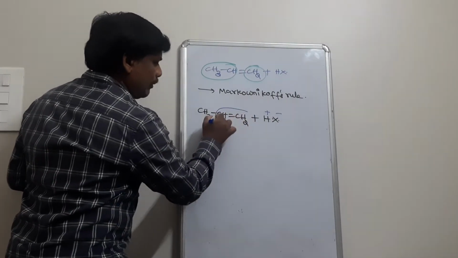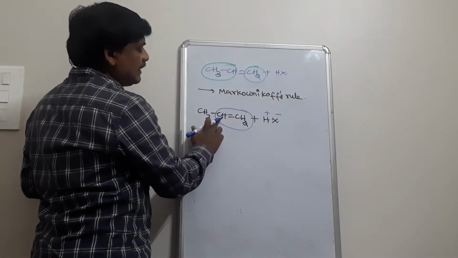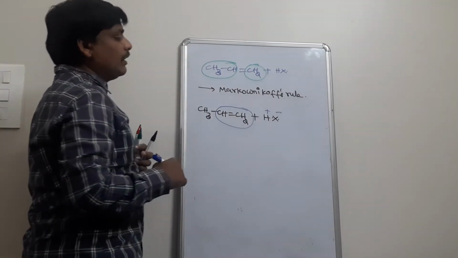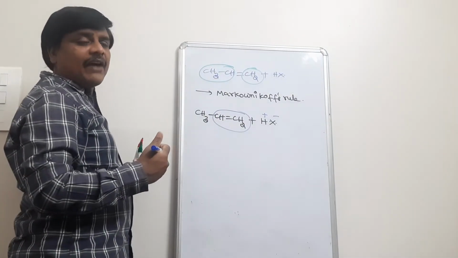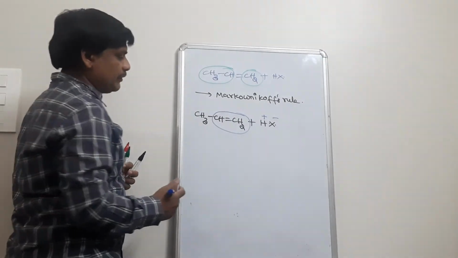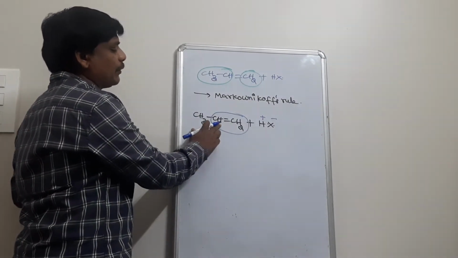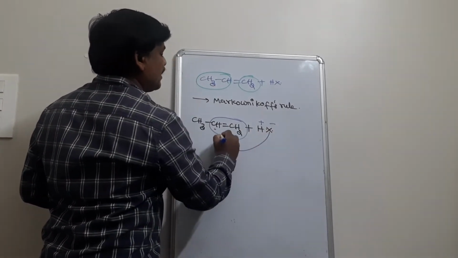At the double bond position, it can add to either this carbon atom or this carbon atom. But according to Markovnikov's rule, the negative part of the reagent adds to the carbon atom which has the least number of hydrogens. This carbon has only one hydrogen, while here there are two hydrogens. So the negative part of the reagent adds to this carbon.